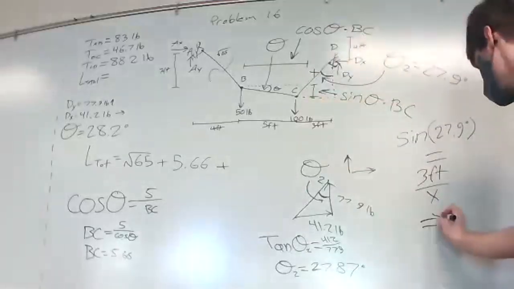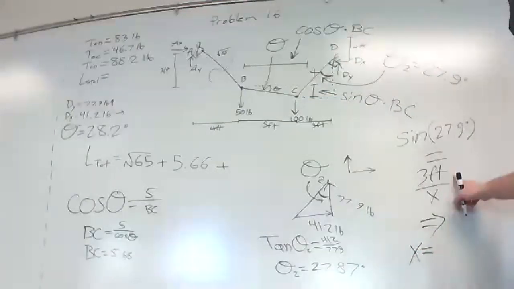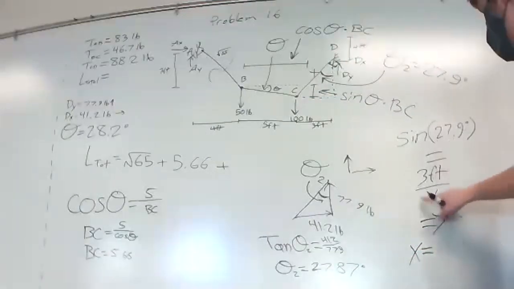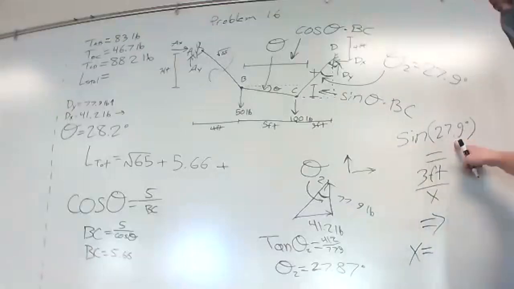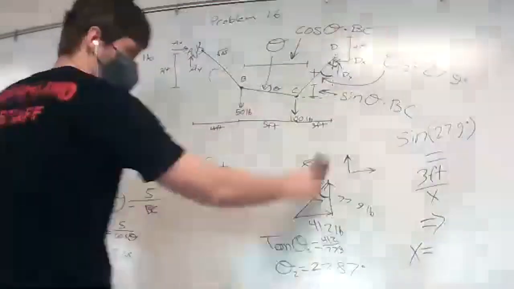Therefore x is 3 feet divided by sine of 27.9 degrees, because we multiply x over and then divide by sine.